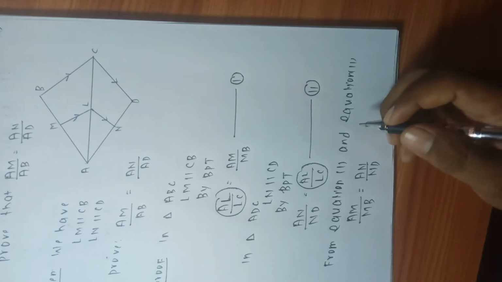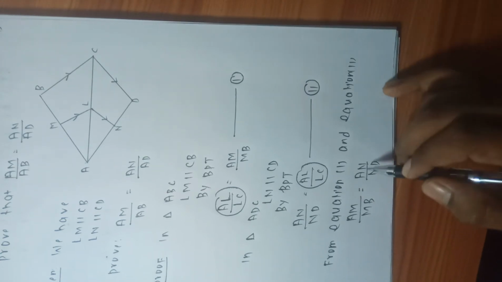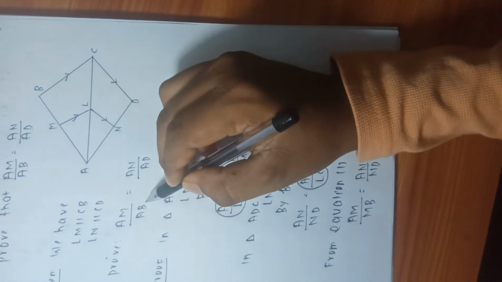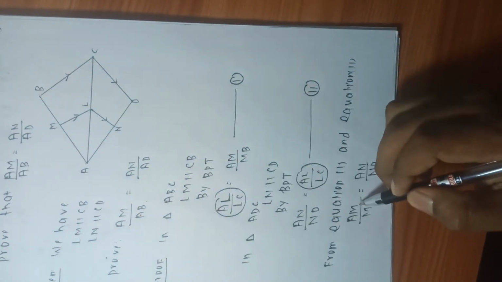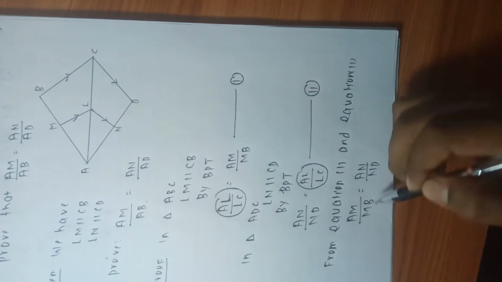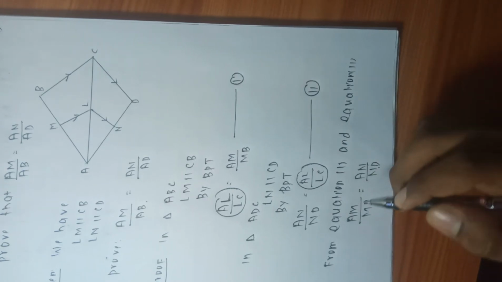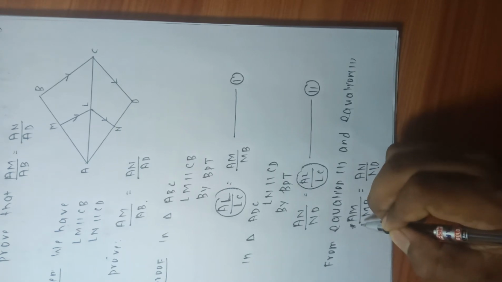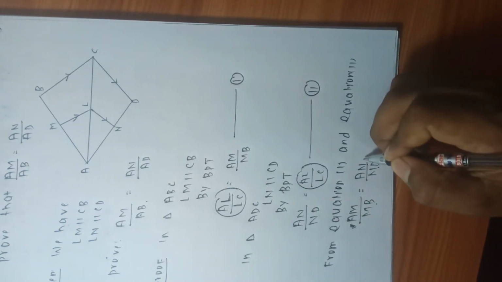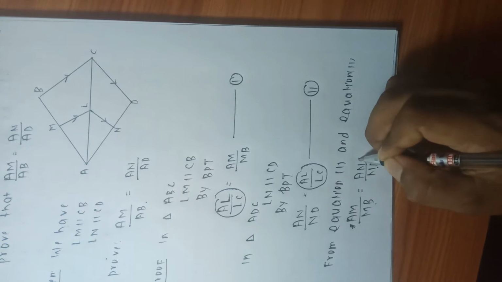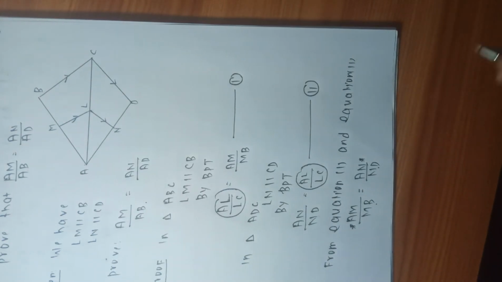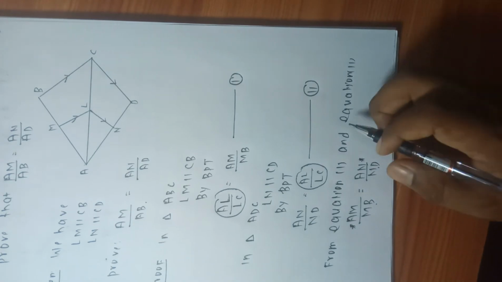You can see we need to simplify more, because we need AM by AB equals AN by AD, and here is AM by MB and AN by ND. So we need to preserve the value of AM, so we put a star here, and we also preserve the value of AN.